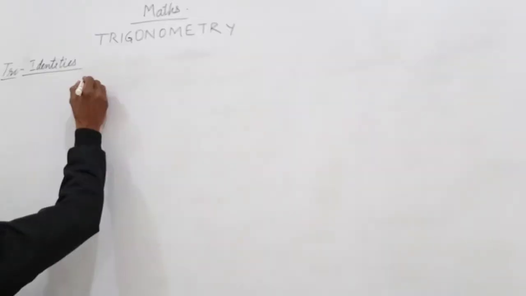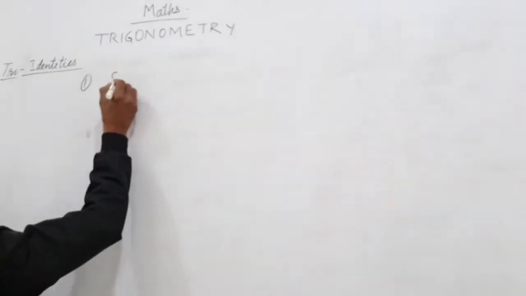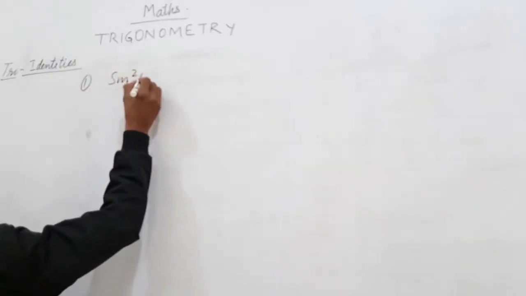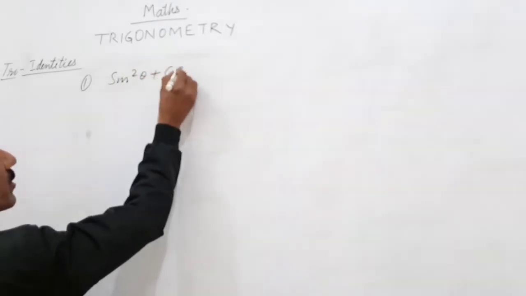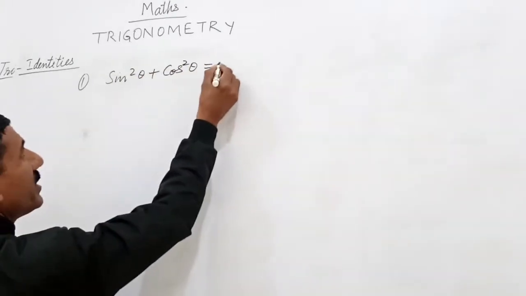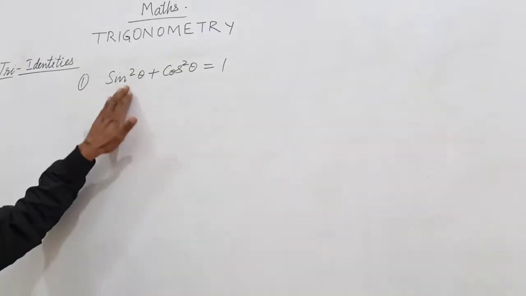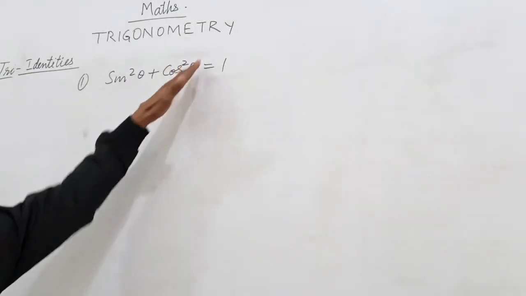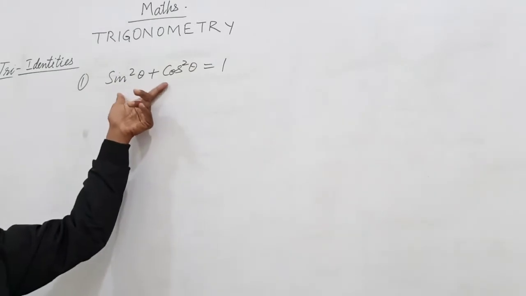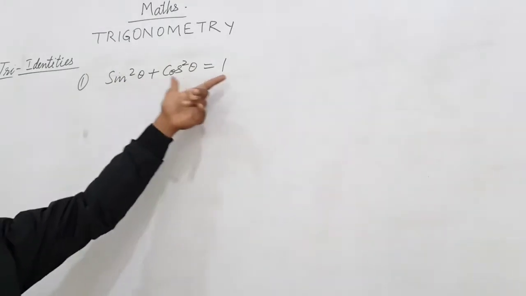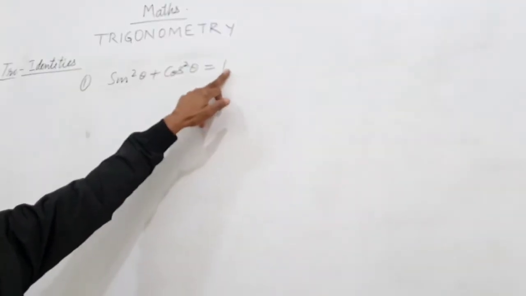The first identity is sine square theta plus cos square theta is equal to 1. In questions, if you have sine square plus cos square, you can easily write 1 because it is an identity.